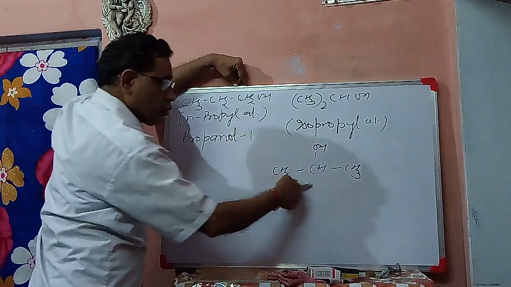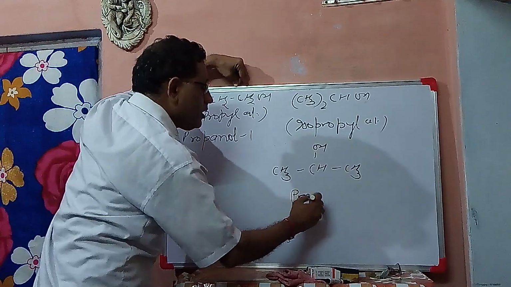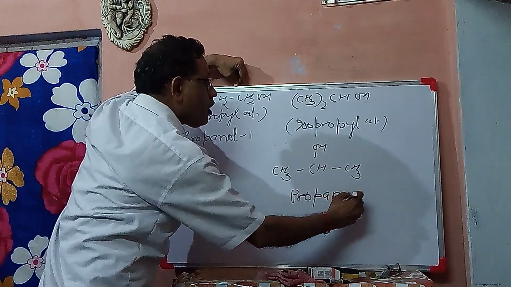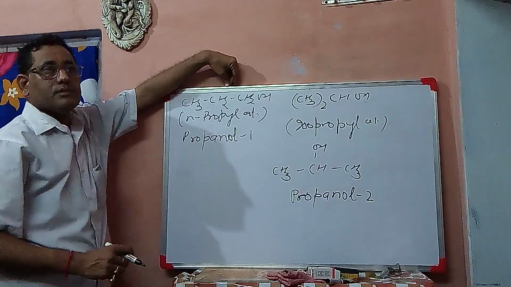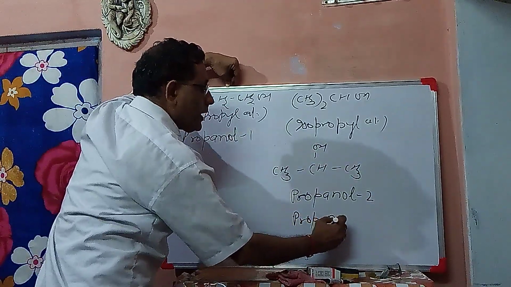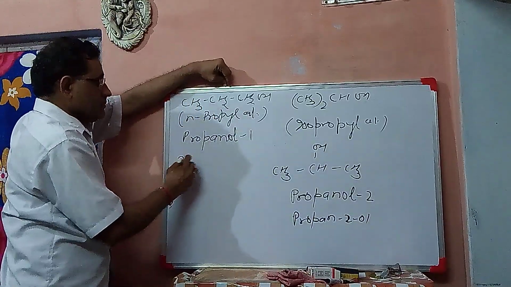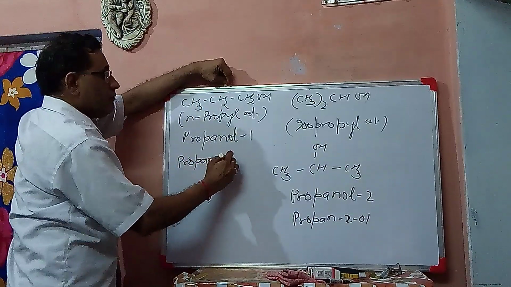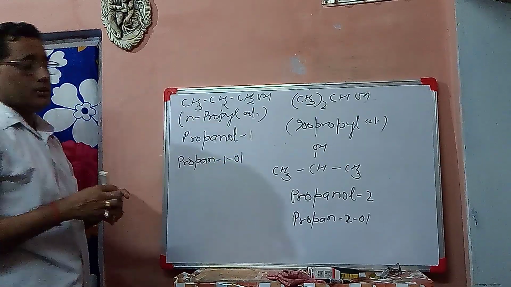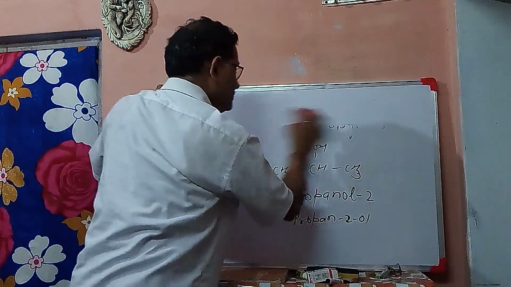Now there are 1, 2, 3 carbons, and OH is attached on the second carbon, so the name will be propanol-2. You can also write it in this way, propane-2-ol. In the same way, this is propane-1-ol. Clear?